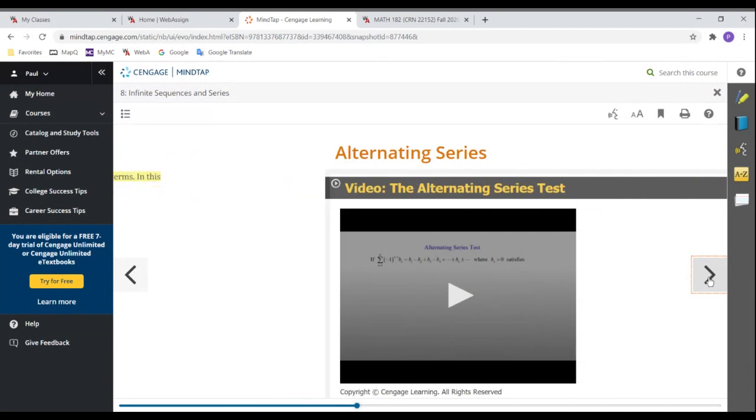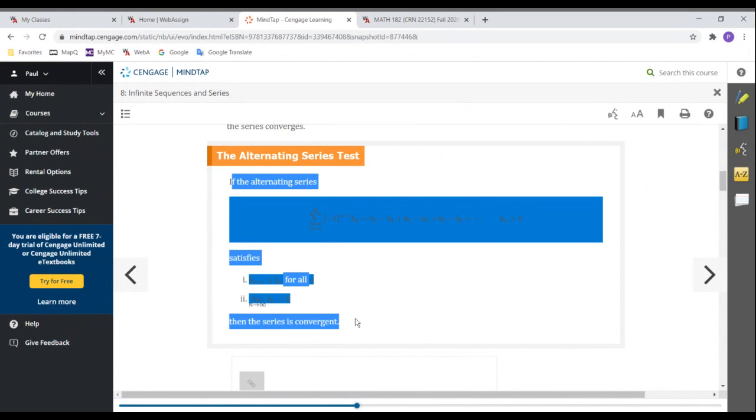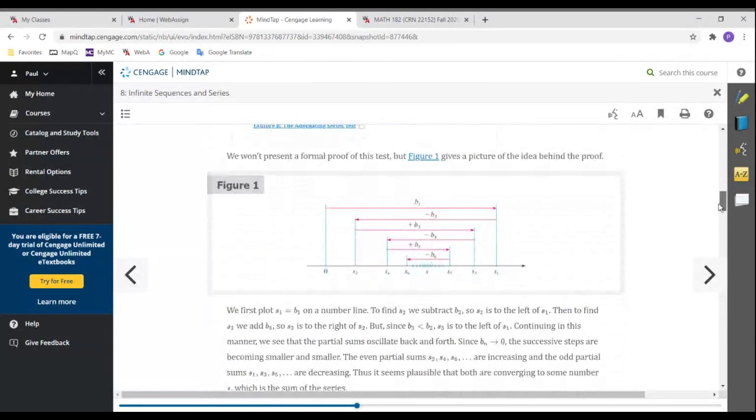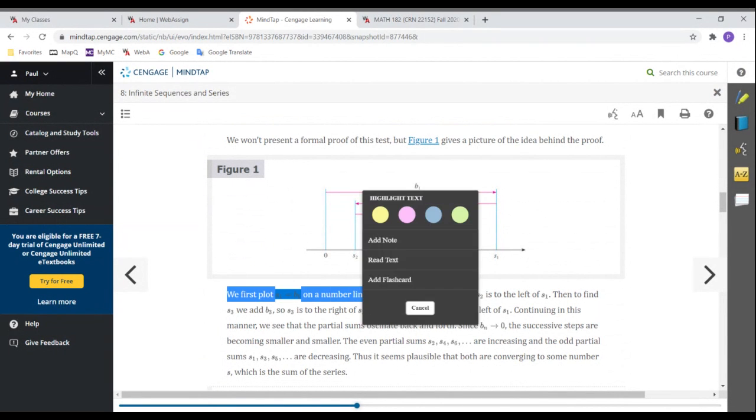I just showed that the alternating series test applies for our series. If the terms of the series are decreasing, that's the first part of the test. And if the terms approach zero, then our alternating series is converging. The way you can think of that is by this little figure here, figure 1.